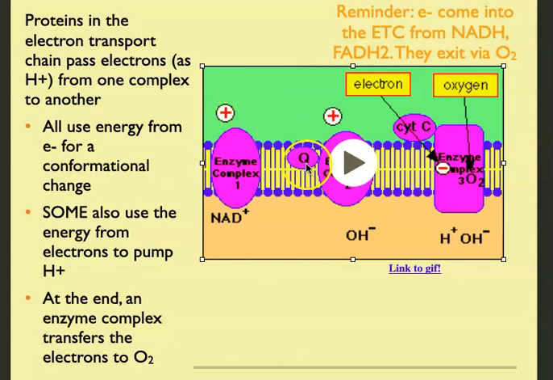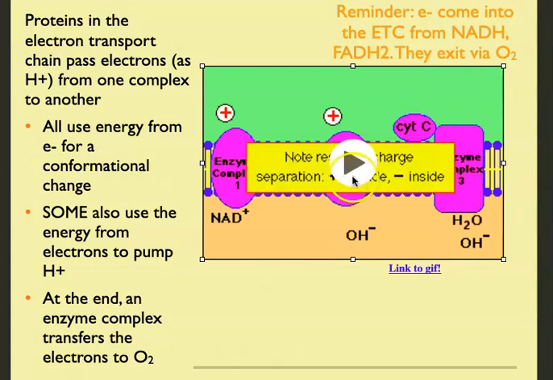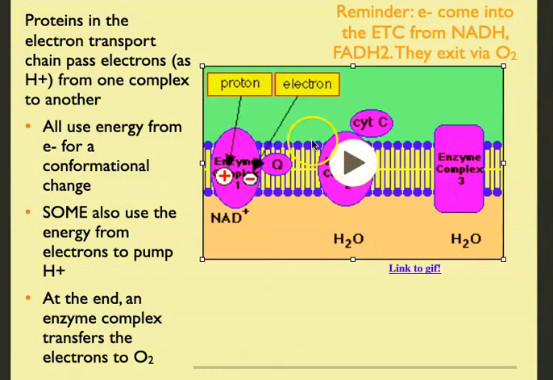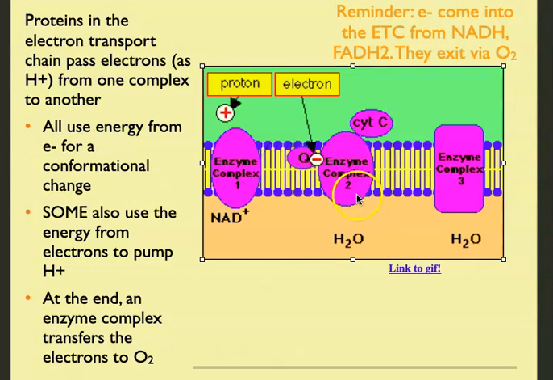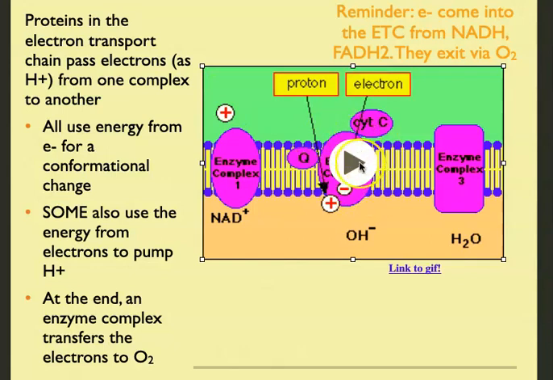Next, the electron is going to be passed to enzyme complex 2. Sorry, this doesn't have a slider, so I can't put it back and forth, but it goes to enzyme complex 2, and then it causes a conformational change again, through the binding and the release of some of the energy from the electron. That conformational change allows enzyme complex 2 to pass on the electron, and it also allows it to bind a proton and pump it through the membrane.